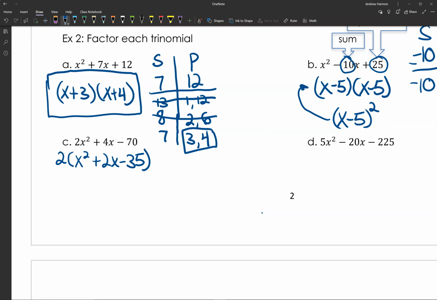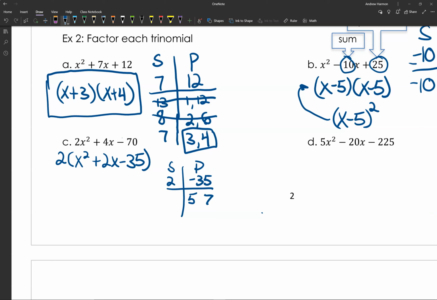Now what we're going to do is, once we've taken out that greatest common factor, we're going to do our sum and our product on the numbers inside the parentheses here. So I'm going to see, what can I add to get 2 and multiply to get negative 35? So think about the numbers that just multiply to give you positive 35. The ones that pop in my mind instantly are 5 and 7.